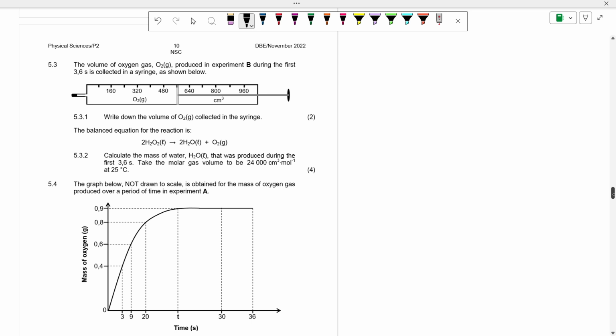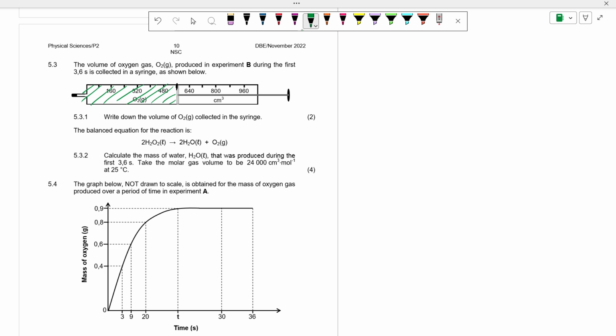So after 3.6 seconds, we collect this much volume of oxygen, and what we collect is inside this closed part of the syringe.